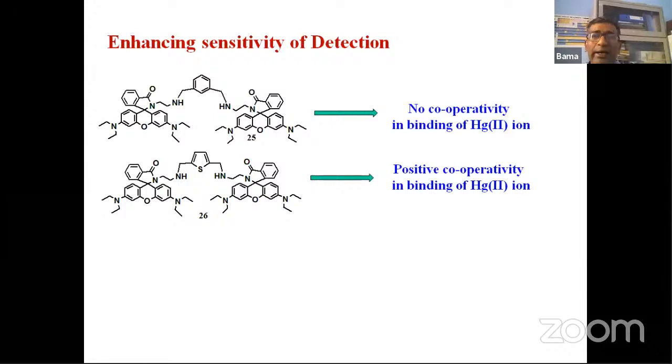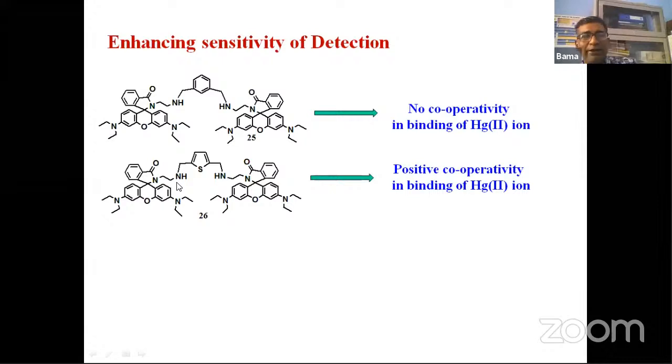Here is one example where we found that once one metal ion binds to a particular probe, it helps the other ion of the same metal to bind faster, and that is how we define cooperativity.